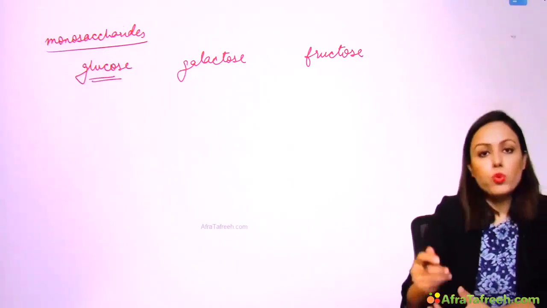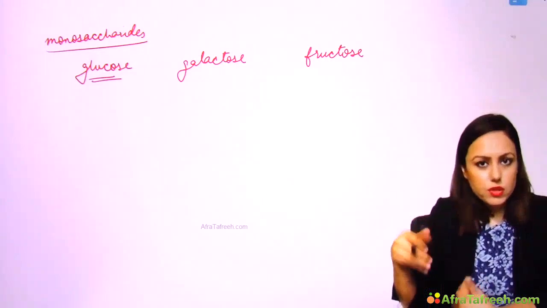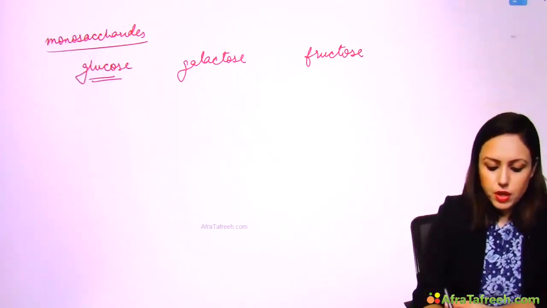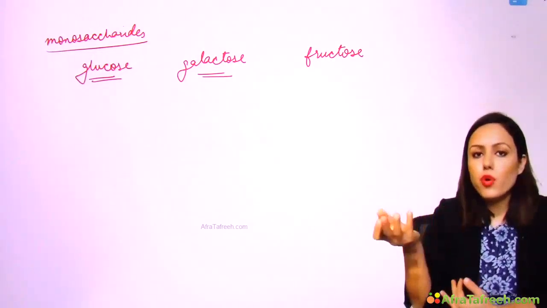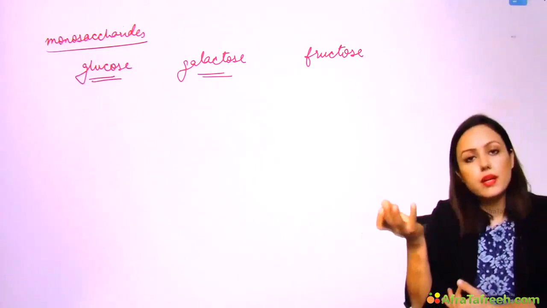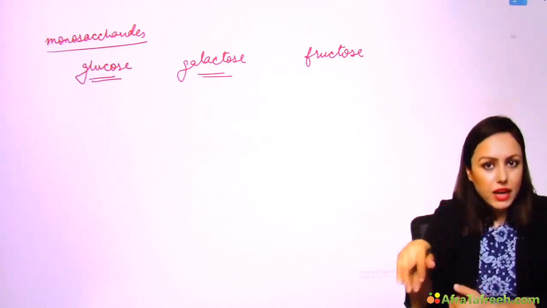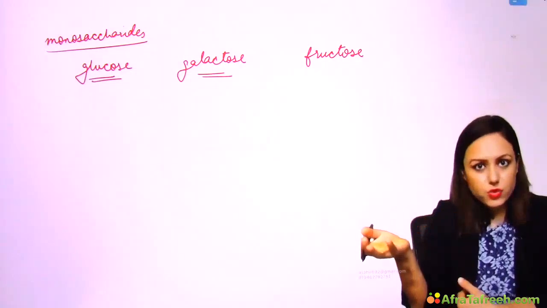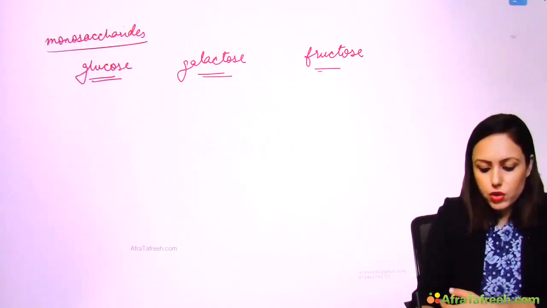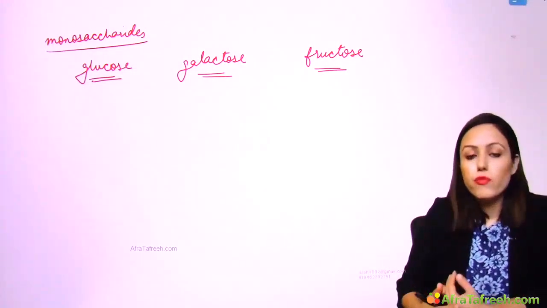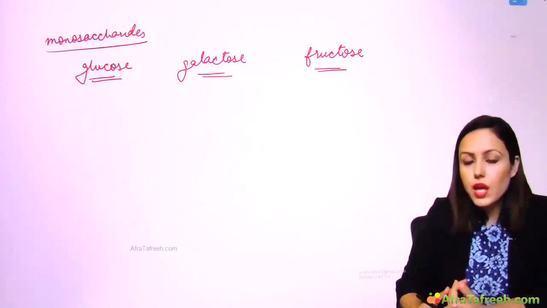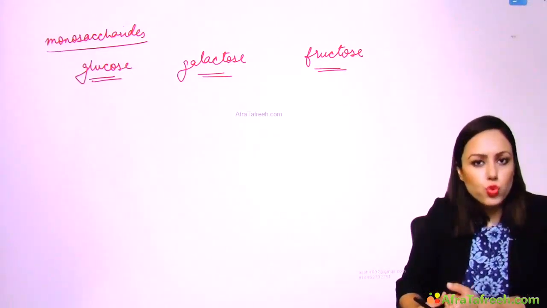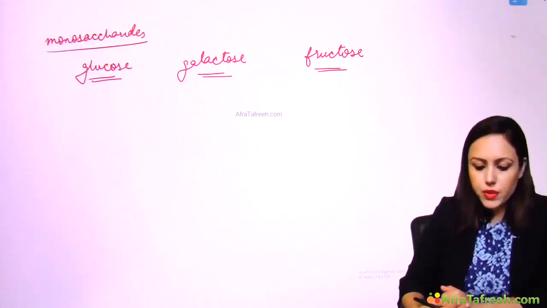Glucose is the main monosaccharide which reaches our system, but galactose also can come from lactose, that is milk and milk products, because lactose contains galactose, okay? And fructose also is obtained from fruits, from honey, and it also comes from sucrose, the table sugar, right?